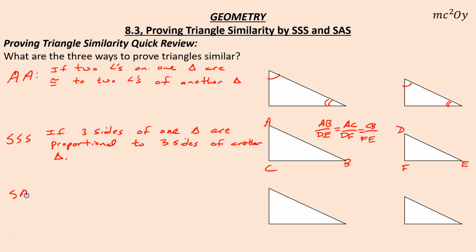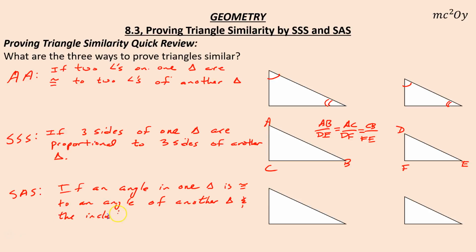The last one, side angle side. All right, so if an angle in one triangle is congruent to an angle of another triangle, and the included sides are proportional.